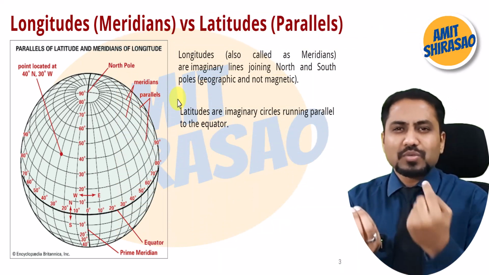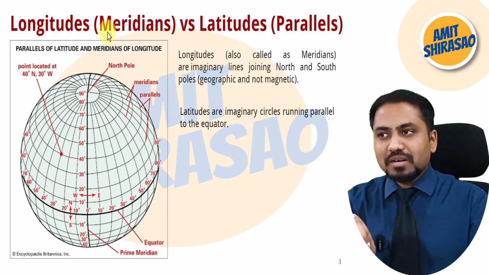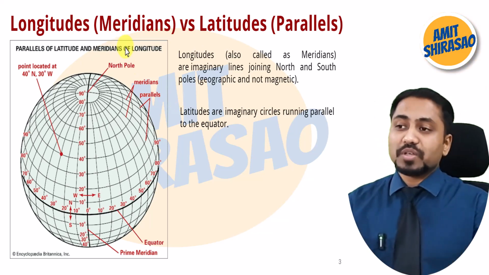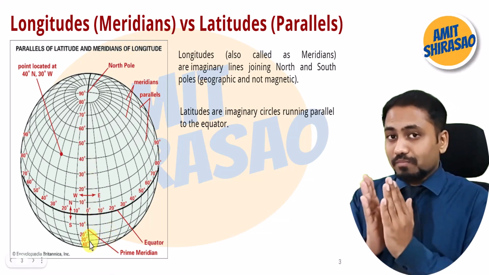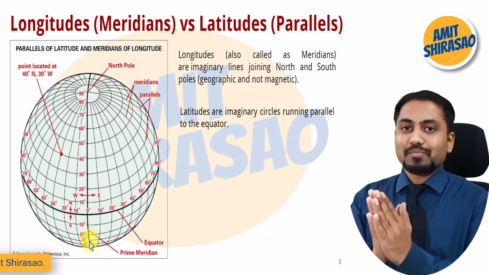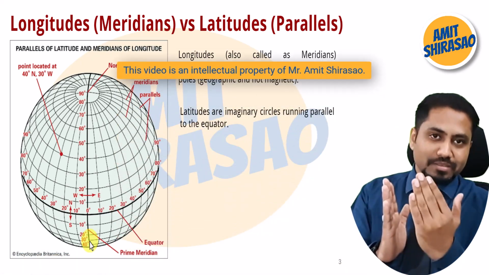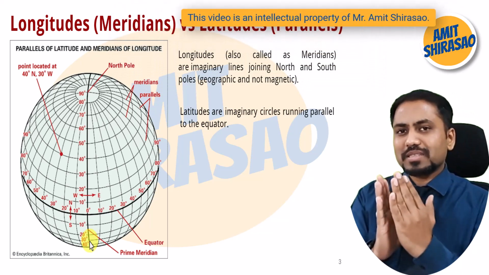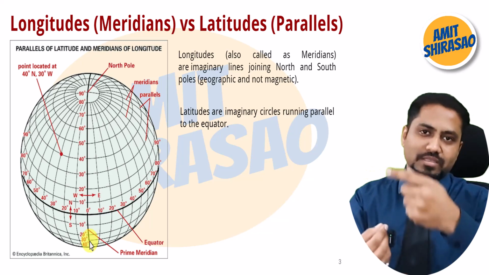Of course, latitudes are also called parallels because they are parallel to the equator, and longitudes are also called meridians because the prime meridian is the main meridian, and all the other meridians are drawn parallel to it. I mean, it's not parallel, but you can say these are all arcs, right?